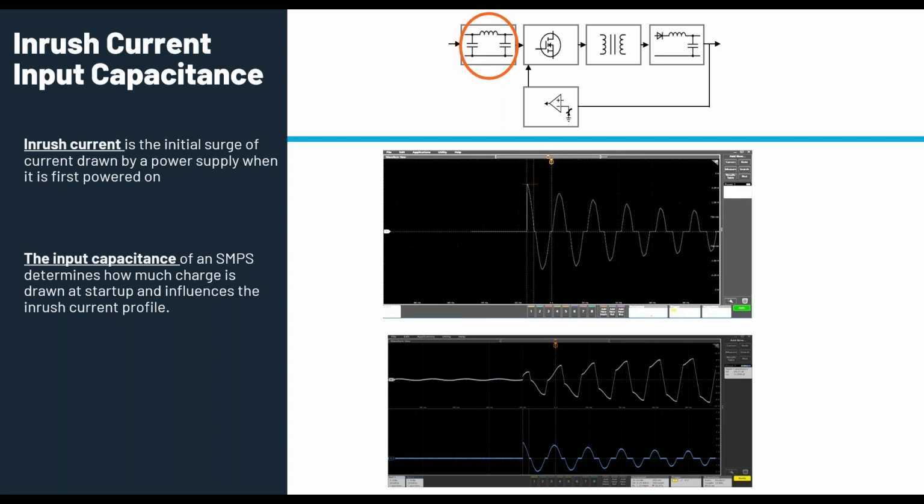If the input current is not managed properly, it can trip the circuit and cause failures. It can blow the fuses, add stress to other components, and reduce the lifespan of the overall system.